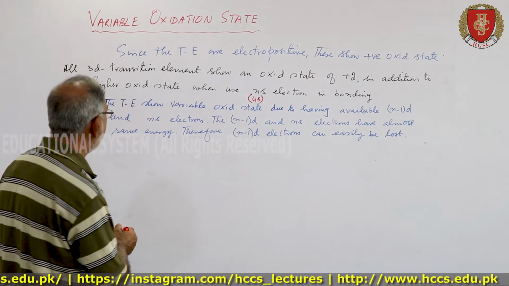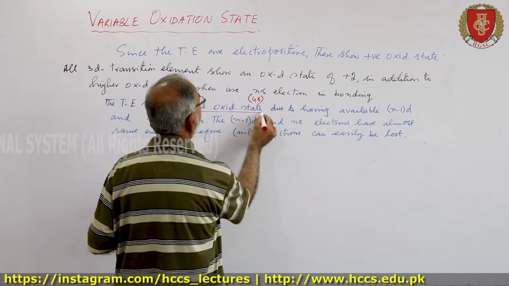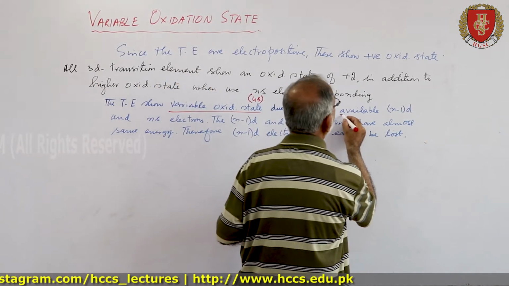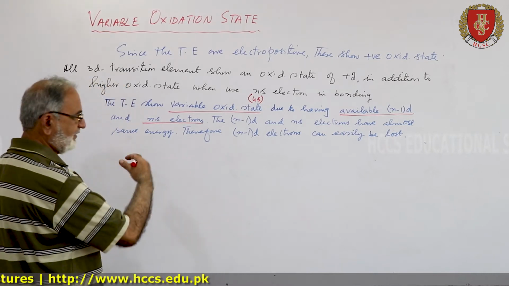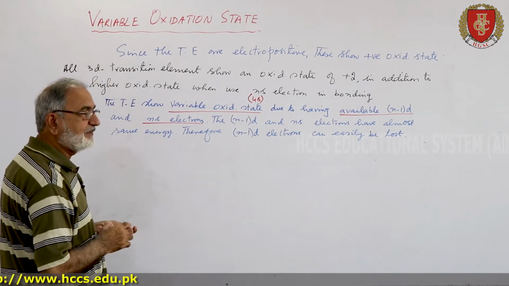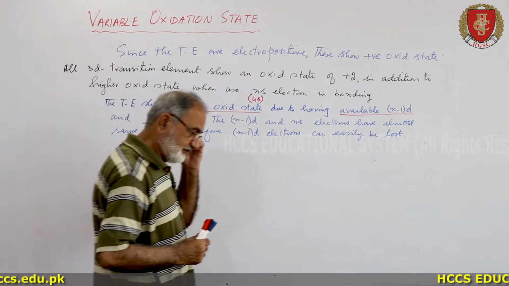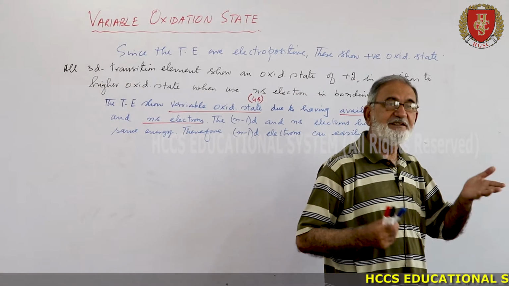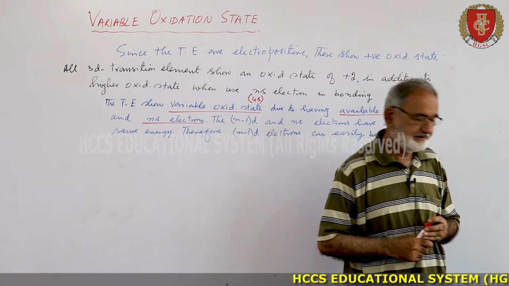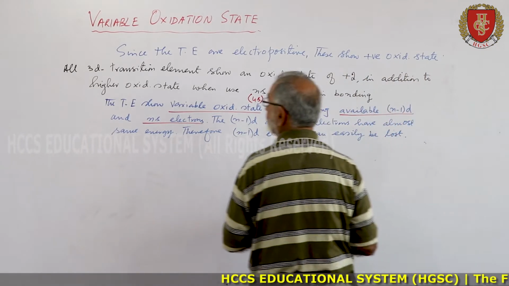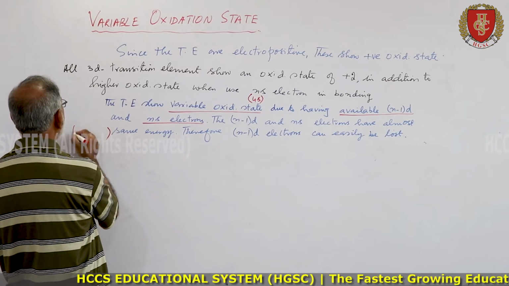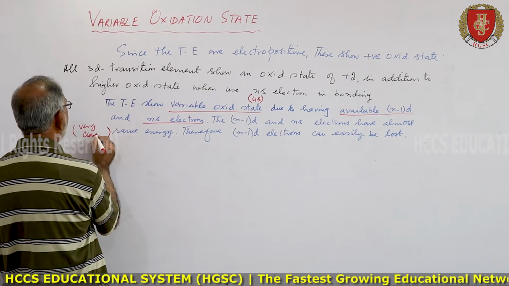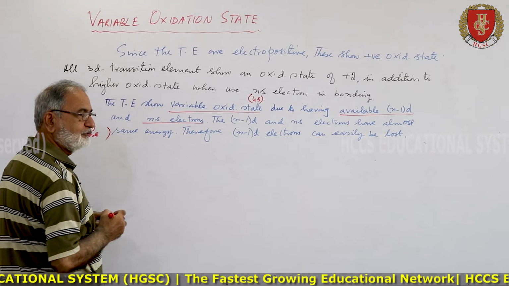The factor is that they show variable oxidation state because of the availability of the (n-1)d and ns electrons. These have almost the same energy, meaning their energy values are very close to each other, so they can be utilized for variable oxidation state.